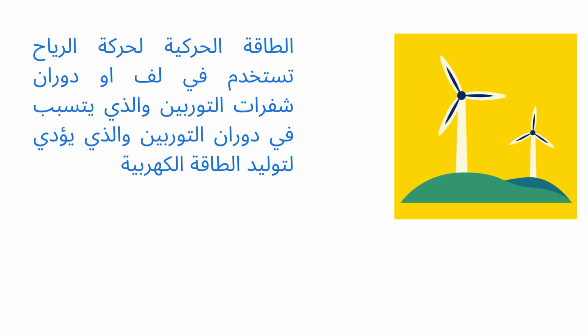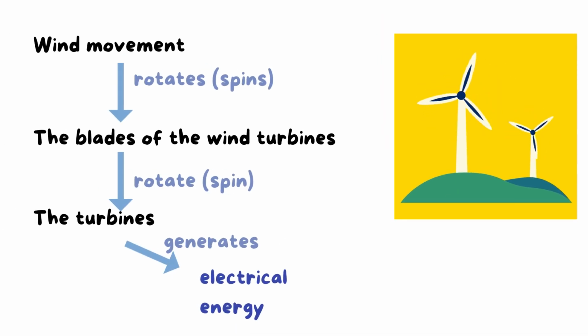And when these blades rotate, it causes the turbines to rotate or spin as the kinetic energy transfers from the blades to the turbines. And then when the turbines rotate or spin, it generates electricity.